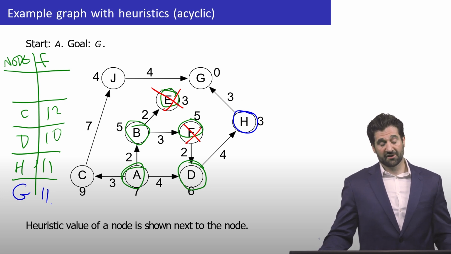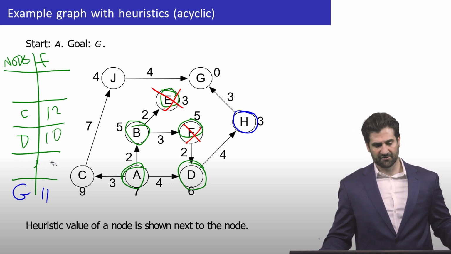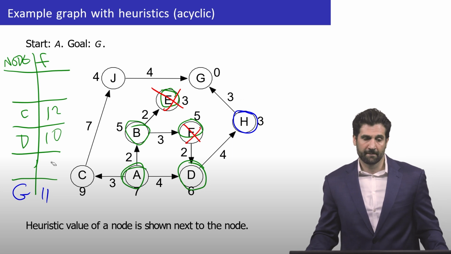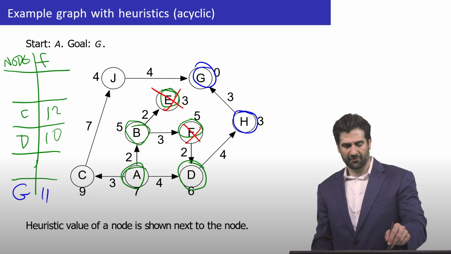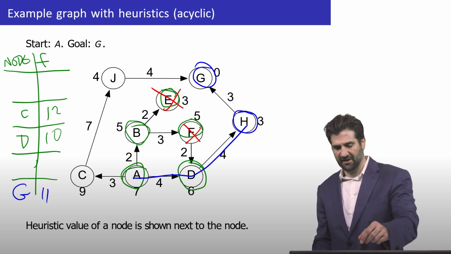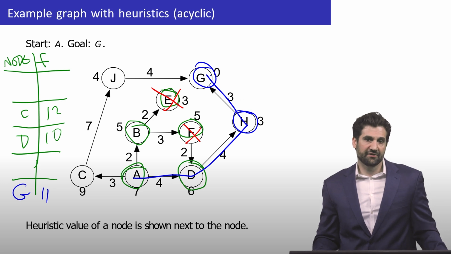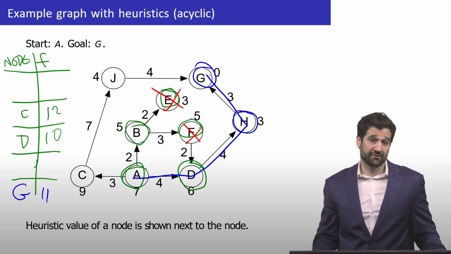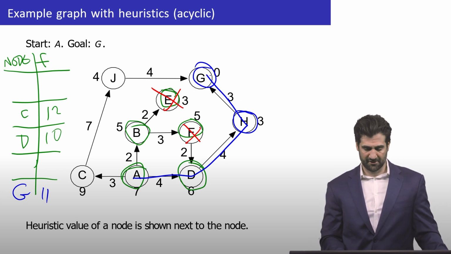And there is nothing else left in our priority queue that has a lower value than 11, and that's because H is fully expanded at this point. So now we have a solution. We go from A to D, D to H, and H to the goal. And it turns out this is optimal, and this stems from the fact that our heuristic function is an underestimate.